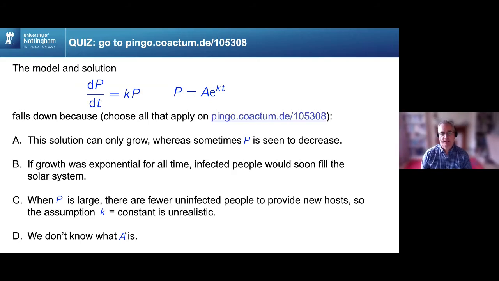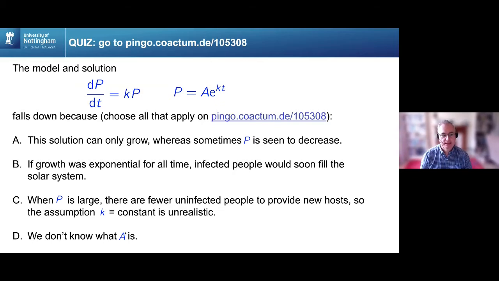Is it that exponential functions are growing, whereas we saw in the data that sometimes p decreases as well as increases? Maybe this predicts a number that's too big. If I put t too big into that formula, eventually p will become arbitrarily large. And if t is large enough, maybe we fill the solar system with people infected with COVID, which isn't realistic.